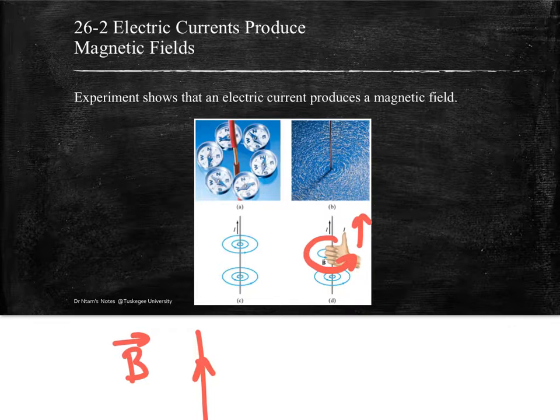To simplify this process, if you can visualize yourself wrapping your fingers around this wire, your fingers will need to go in, denoted by an X on this side, and then out, denoted by a dot on the other side.